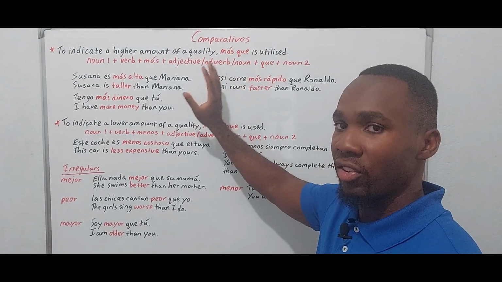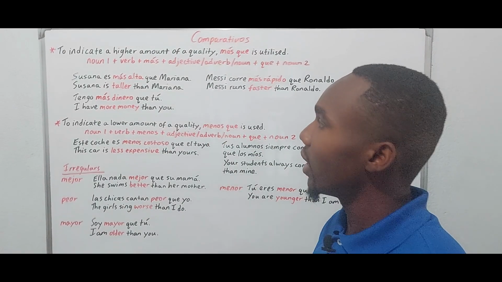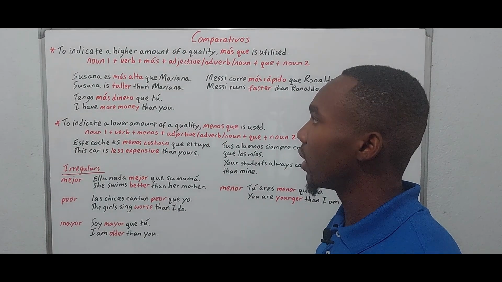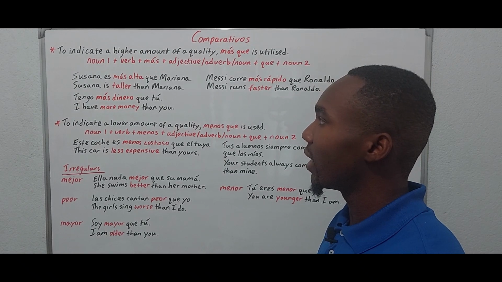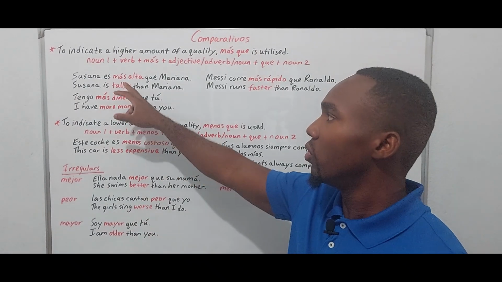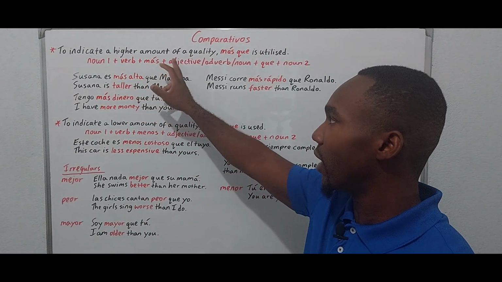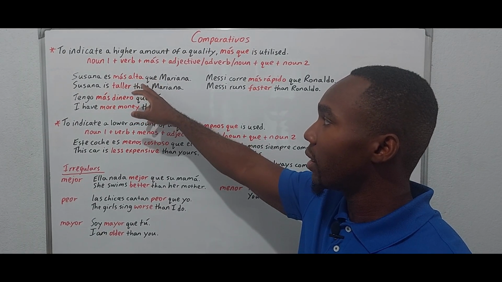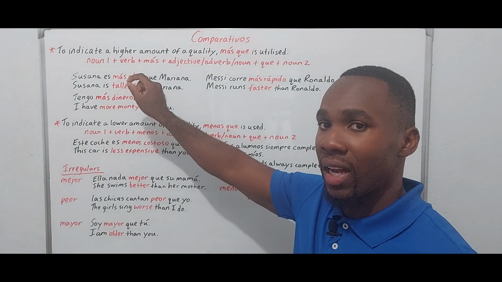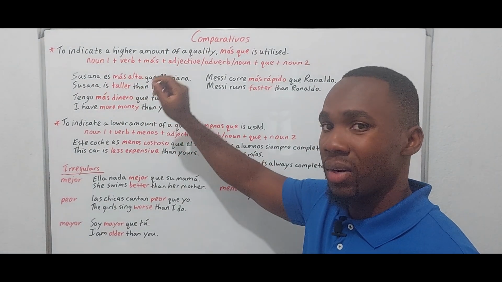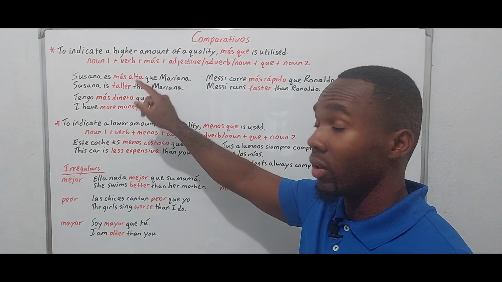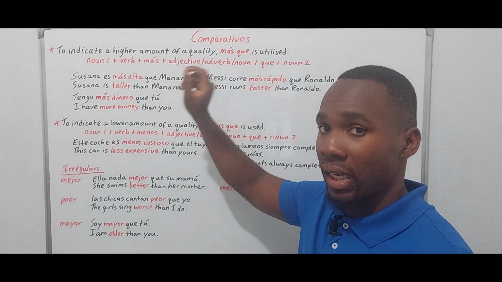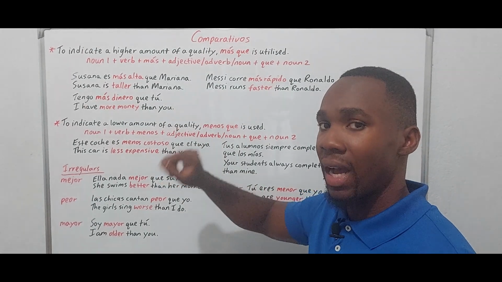So let's look at an adjective first. Susana es más alta que Mariana. So Susana is taller than Mariana. Now you see we use más before the adjective alta. And why have we utilized alta? Because if we use an adjective, our adjectives must agree with the noun it describes in terms of gender and number.